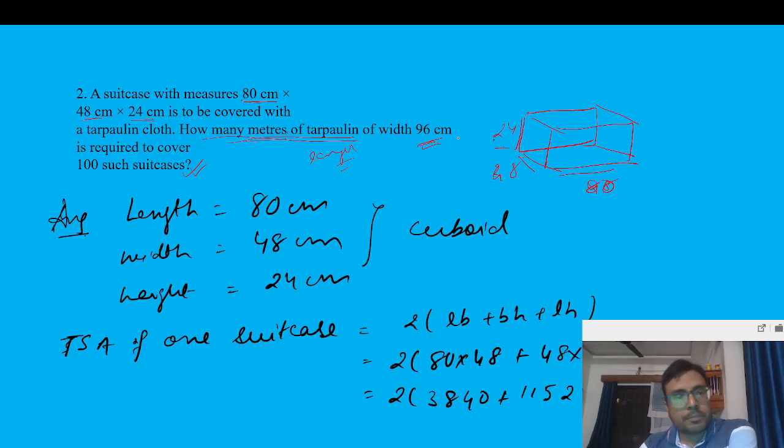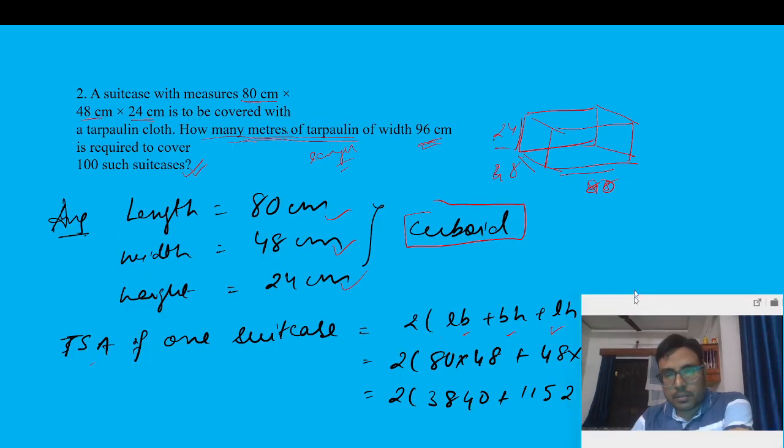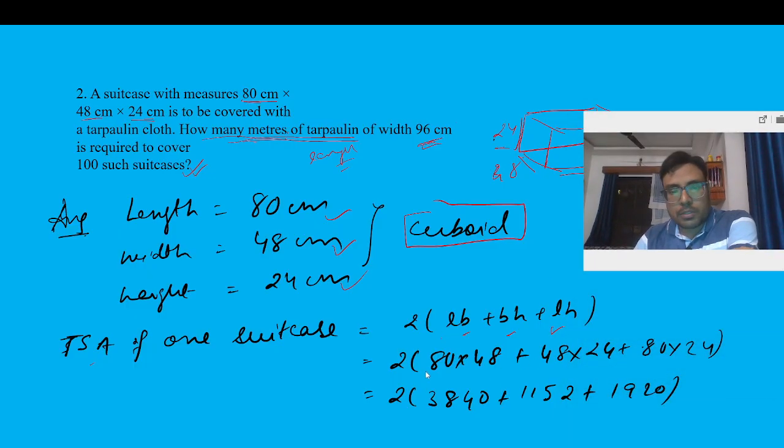How much tarpaulin will be required to cover one suitcase? So length, width, height. So this is a cuboid. So total surface area of cuboid, 2 into length into breadth, breadth into height, length into height. When you solve this, it will be 2 into 80 into 48, 48 into 24, 80 into 24.